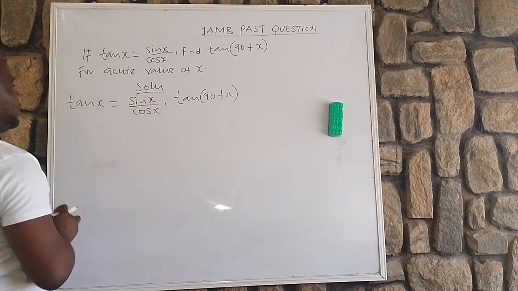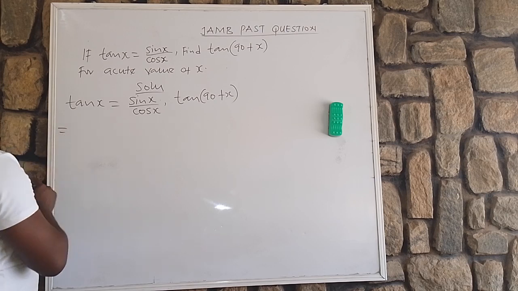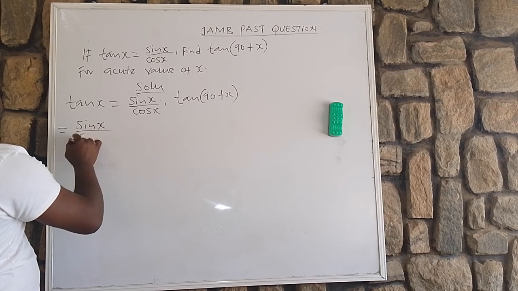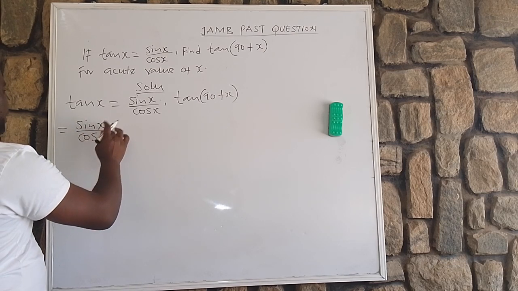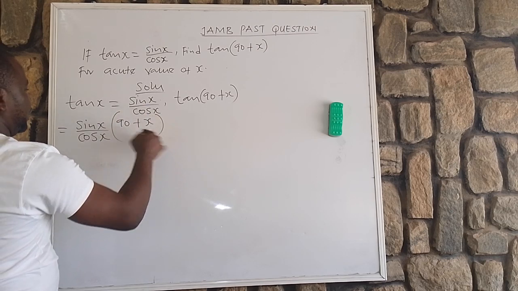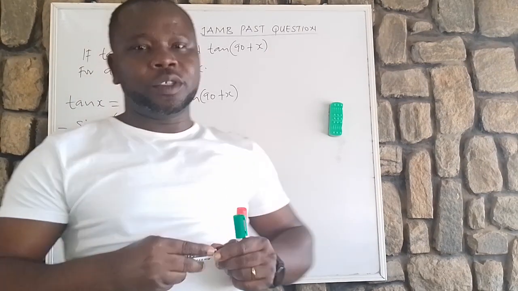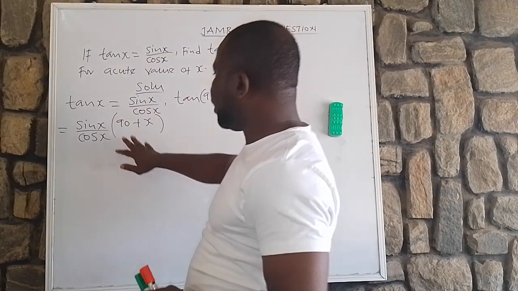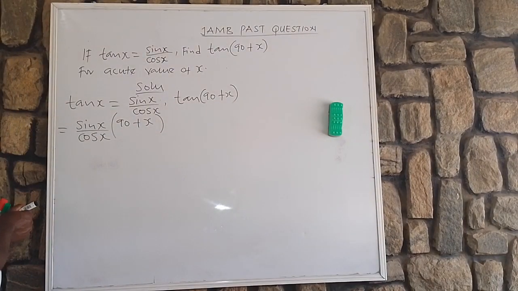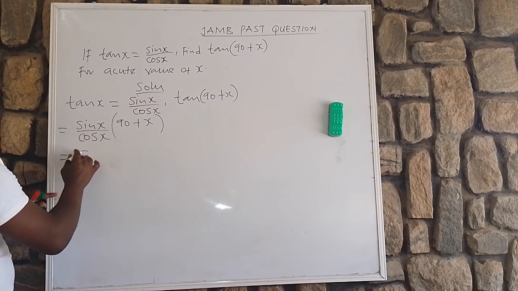Since tan has been given as this, this implies that this is the same thing as sin x all over cos x, then open bracket 90 plus x, then close the bracket. Do you agree with me? Okay. So now let's look at it this way. It means we can transform this way.